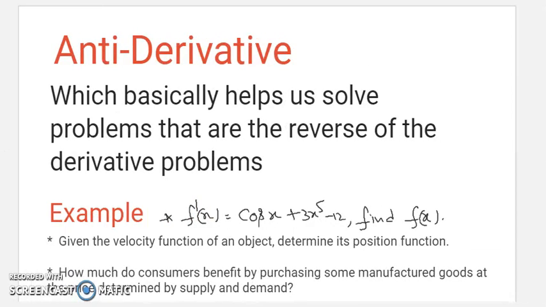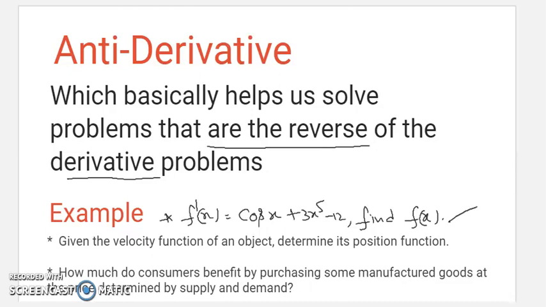Antiderivative. Antiderivative provides us to solve the problems that are a reverse of the derivative problems. For example, f dash of x is equal to cos x plus 3x power 5 minus 12. Find the f of x.